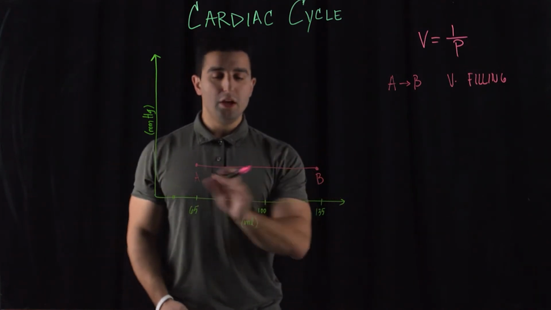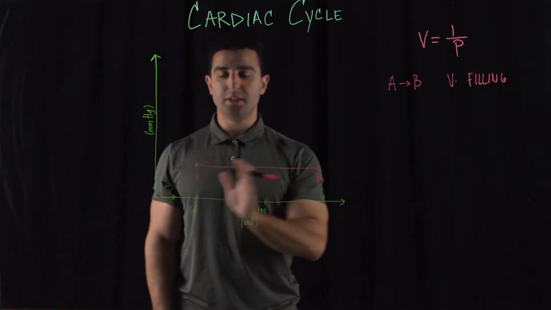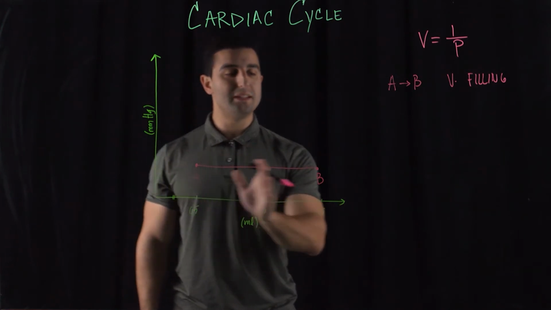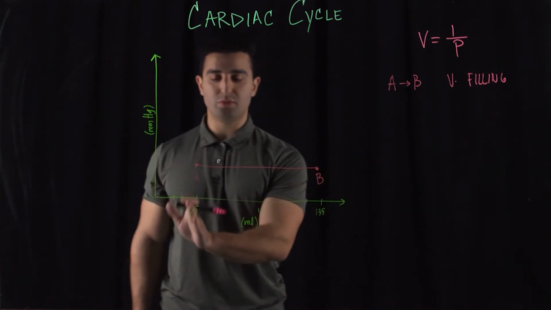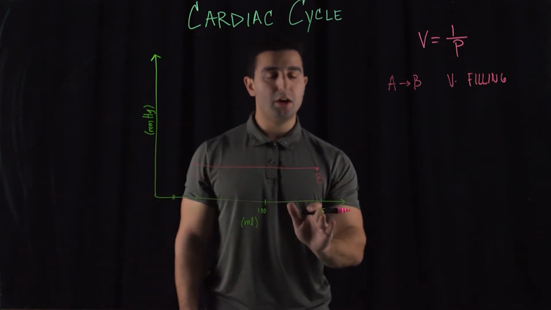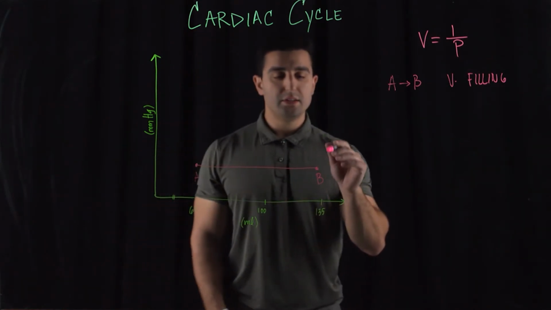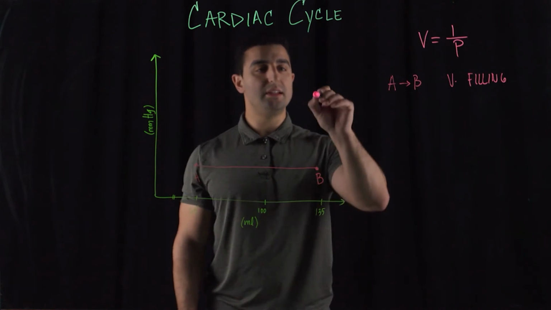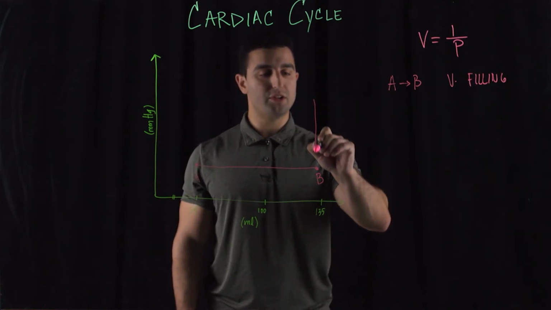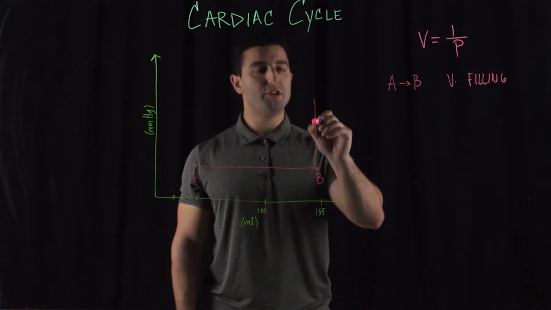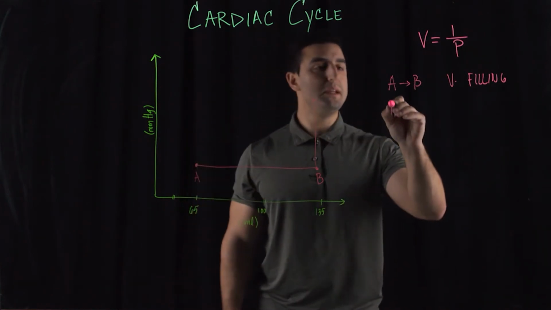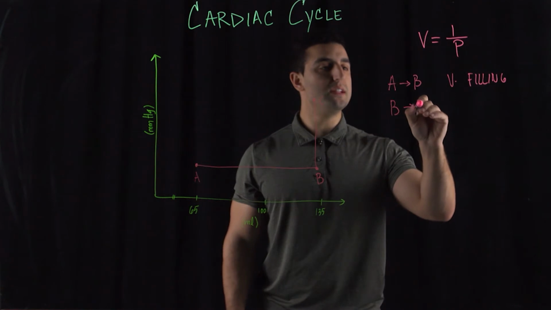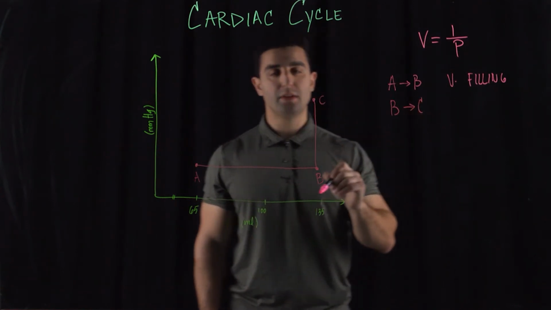From A to B, what do you notice on the graph? You notice that the pressure remains the same. However, the volume increases, right? It goes from 65 milliliters to about 135. Then there's an instance of a contraction here where the pressure changes from B to C. From B to C, you notice that the volume remains the same, right?